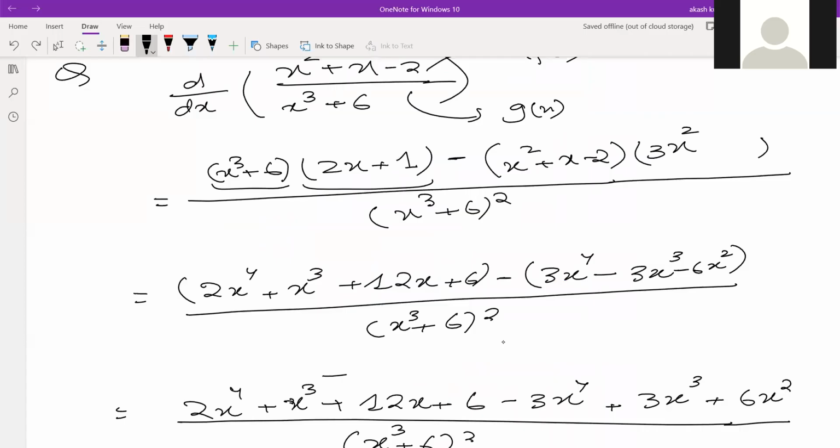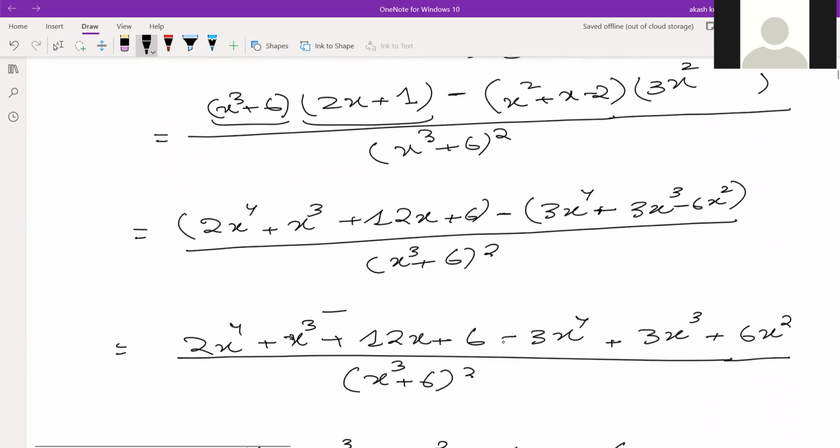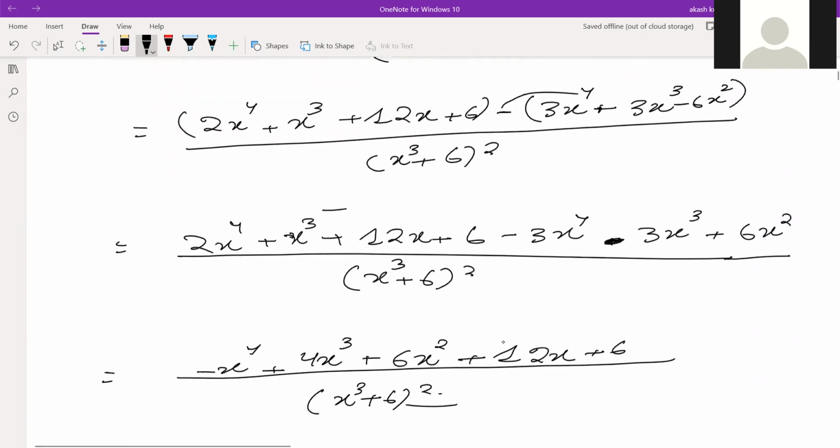There was a plus sign. Like we multiplied plus x with minus 3x square. So it should be 3x cube, right? Plus 3x cube, not minus 3x cube. And then we are multiplying the minus sign with the whole function, so it will be minus 3x cube. Sorry? For which one is this? The same question.